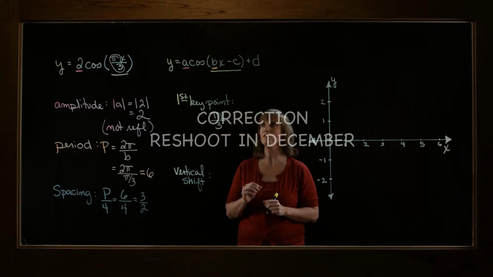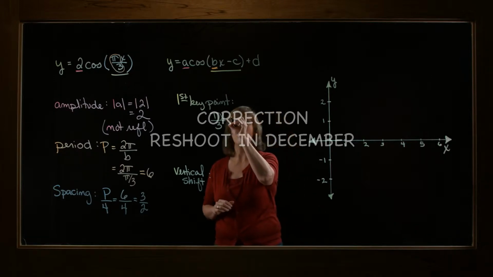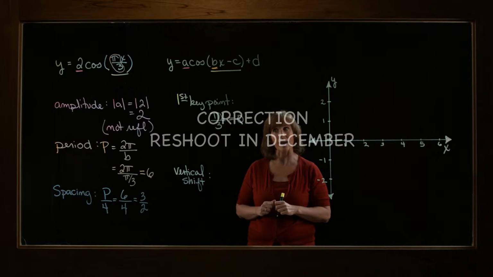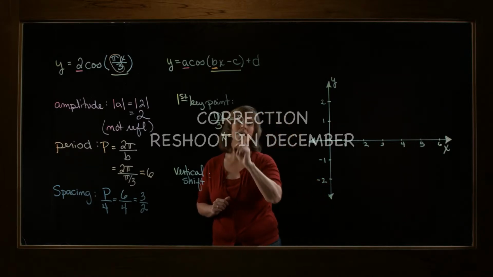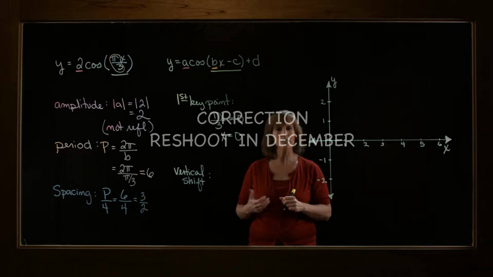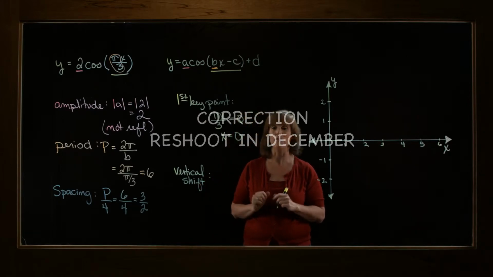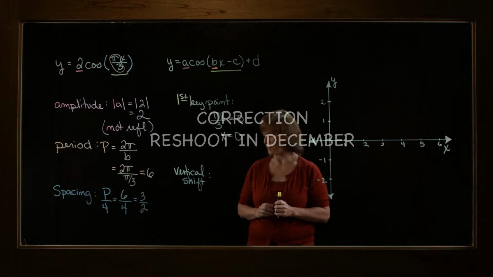Now on a typical cosine curve, the first key point happens at 0. So I'm going to set that expression equal to 0 and solve for x. When I do that, I find out that x equals 0. Well, that's where I normally start on a cosine curve. So for this particular cosine graph, I'm not shifting at all. It's staying right where it usually does.